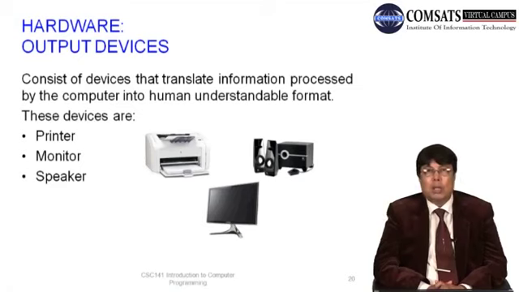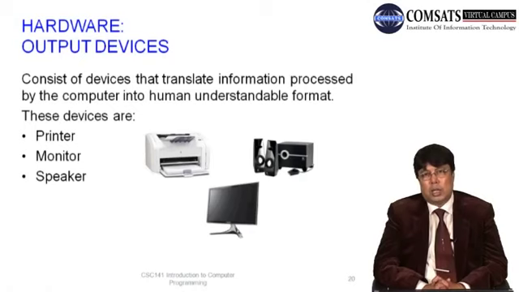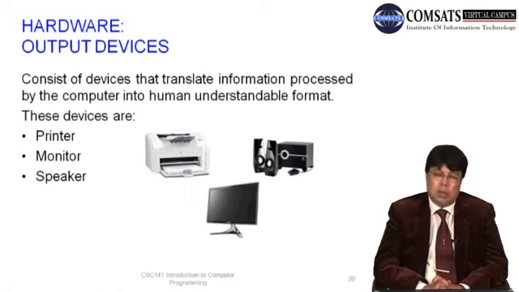Then the printer. You might require a hard copy, for example a letter that you want to send to an organization, and you want the computer to print it so that you can just sign it and send it. For that purpose you need a device called a printer.